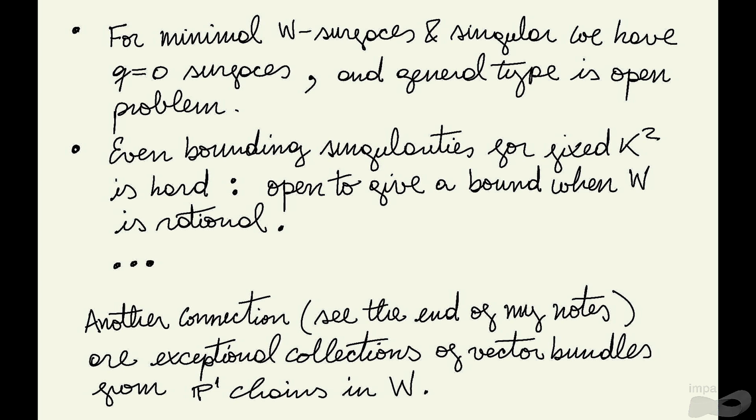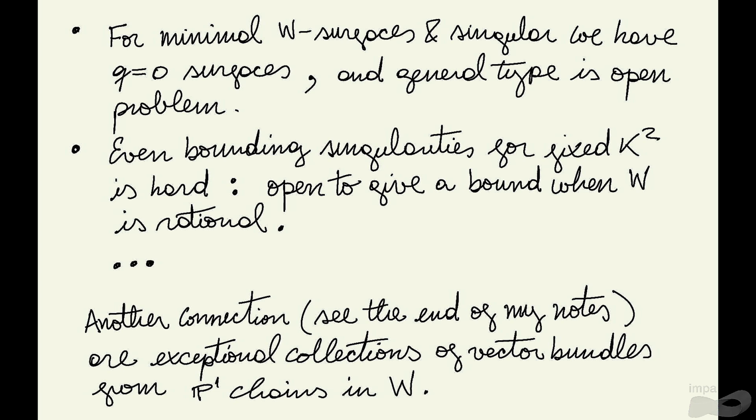For these singularities, I was telling you that for Horikawa surfaces, we classify everything, for example. But it's not easy. There are new techniques that you need to classify that. But the really hard surfaces are the W's that are rational. When it's rational, I don't know any bound. So give me an exponential bound. I would like to see something and then work out our techniques to see if we can improve that. So that is a big problem.